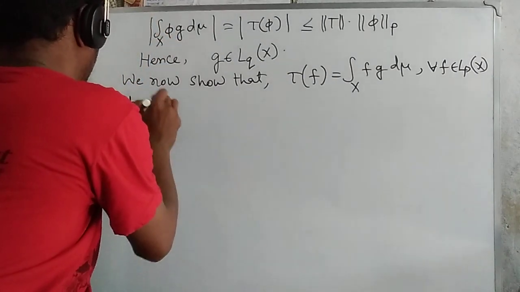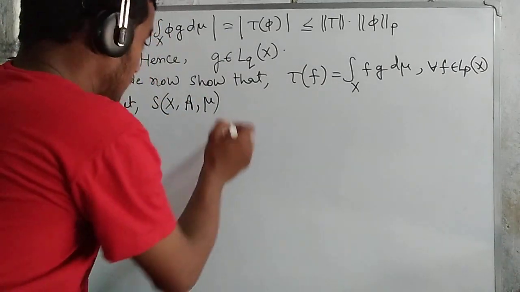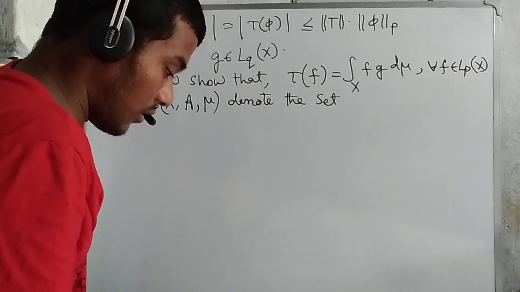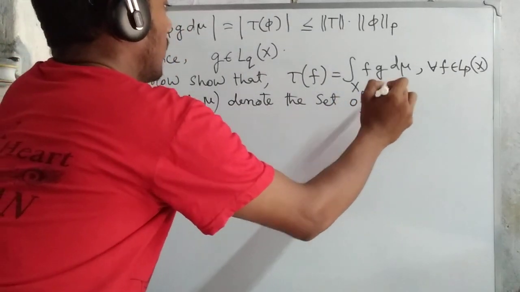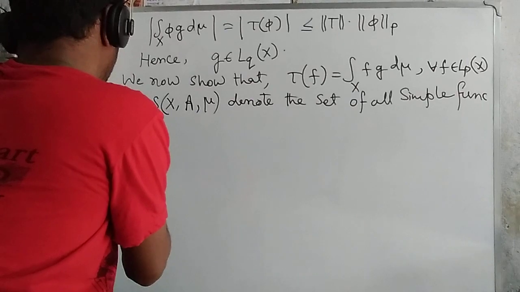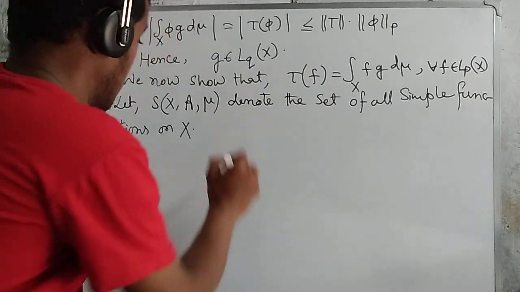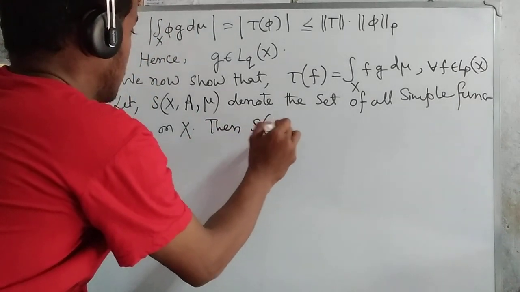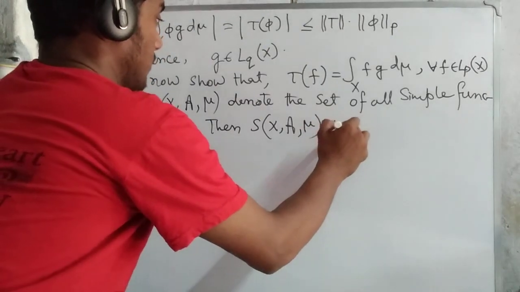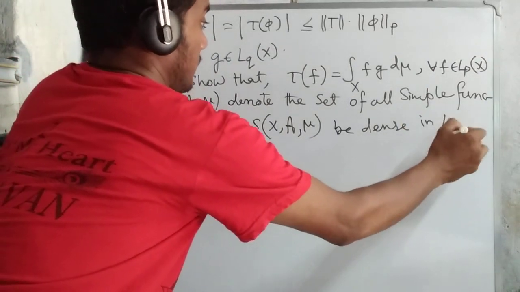Then let S(X, F, mu) denote the set of all simple functions on X. Then S is dense in L^p(X).